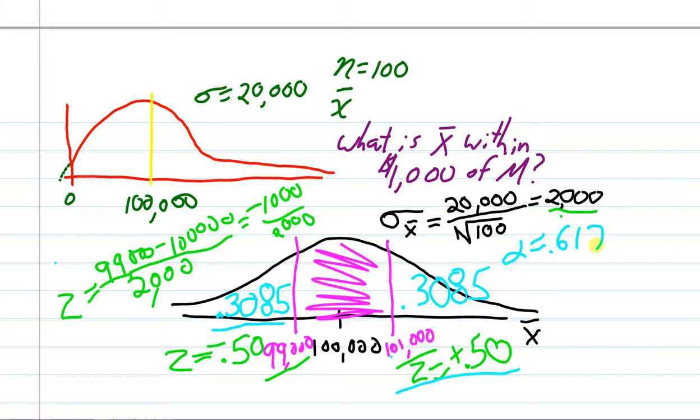And so if the total amount not in the middle is 0.617, 1 minus that gives us that 0.383 is in the middle.